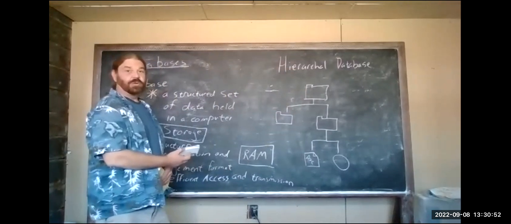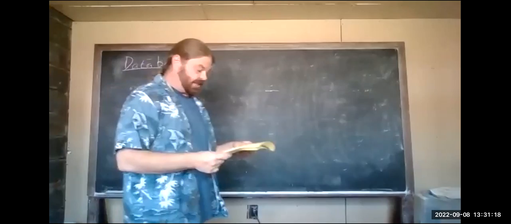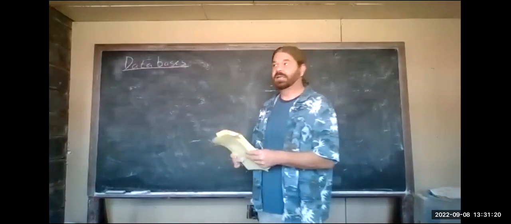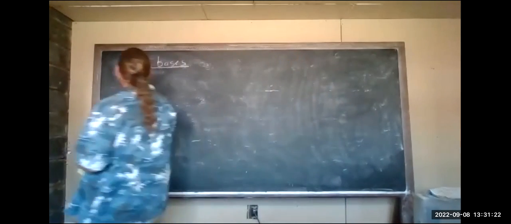It's okay if I erase the board and get into the actual thing we're going to talk about today. So the basic versions of what we actually call database come in two formats.